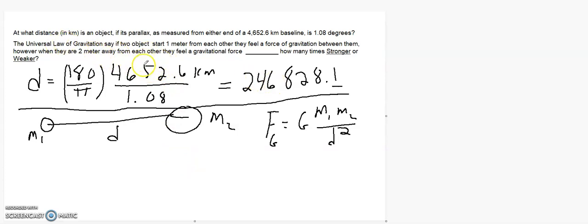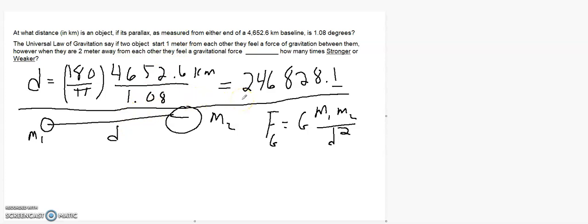So here's our situation. We have two masses a distance apart. In this particular case, we don't know either mass, but we know that they're the same mass in each situation. So imagine, I'll redraw it, that they start off 1 meter apart.